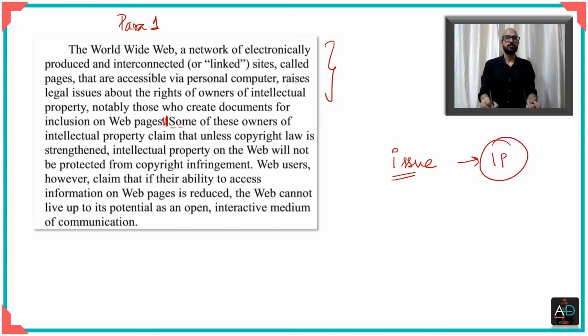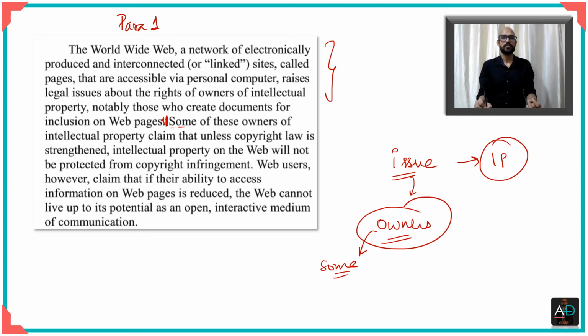Now it says some of these owners. So the issue was for whom? The issue was for the owners, right? Now it's saying that some of these owners, in the second sentence, claim that unless the copyright law is strengthened, this issue of intellectual property will remain because there will be no protection from copyright infringement.